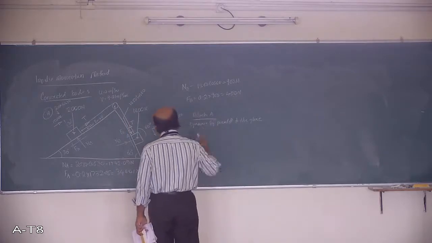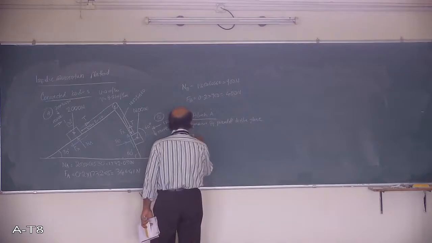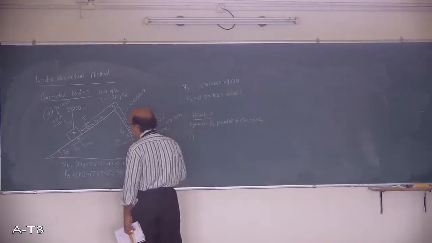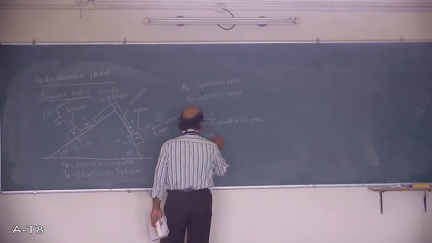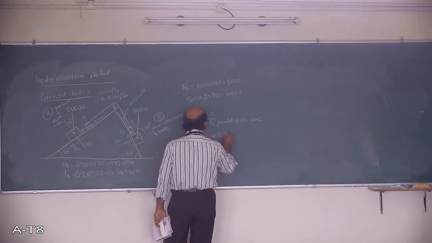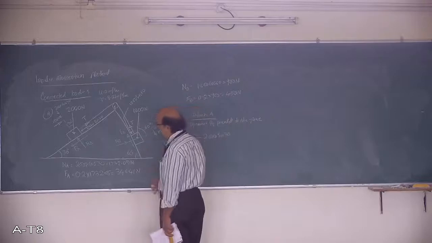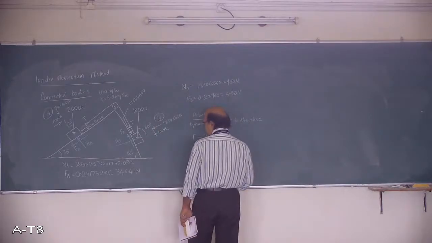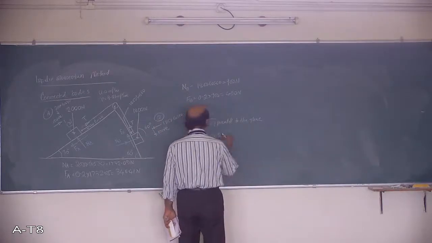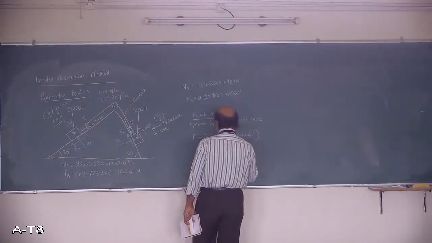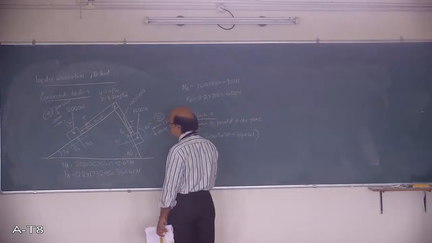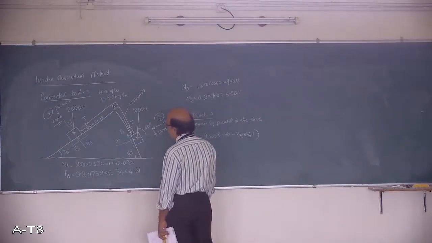Tension is acting in the upward direction. I will take it positive, and the weight component is acting downwards, minus 2000 sin 30, and the frictional force is opposing. Fa is also acting downwards, minus 346.41. I think only these three forces act on that block in this direction.